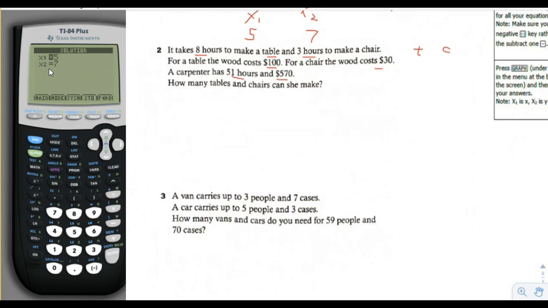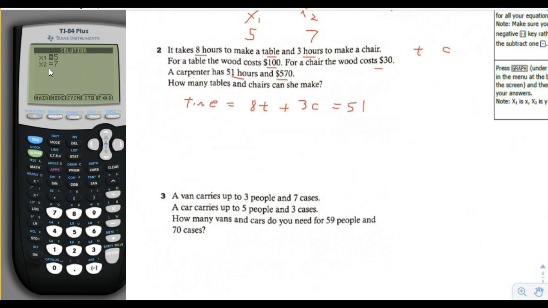For time, we have 51 hours. Time is equal to 8 hours times the number of tables plus 3 hours times chairs, and she has a total of 51.